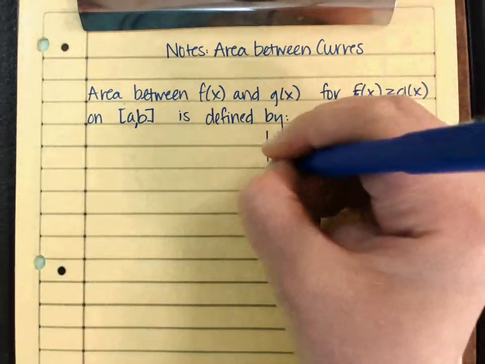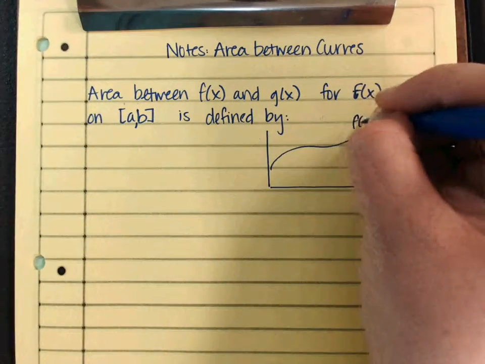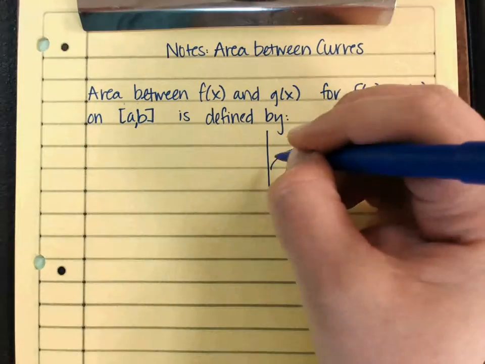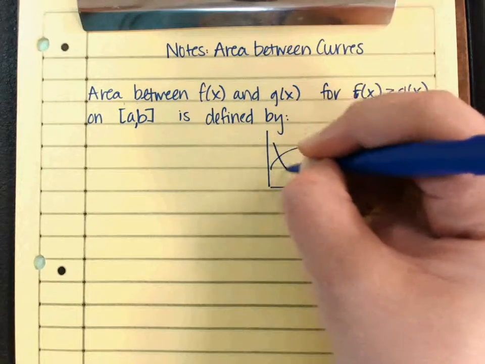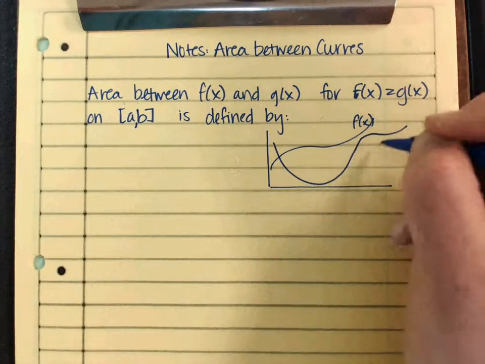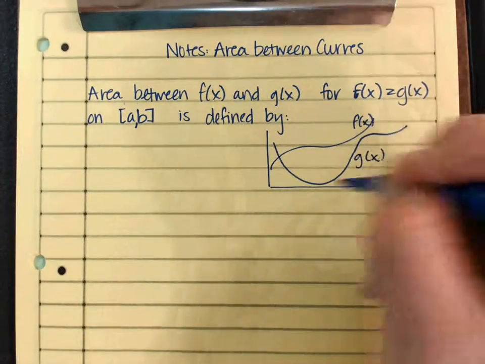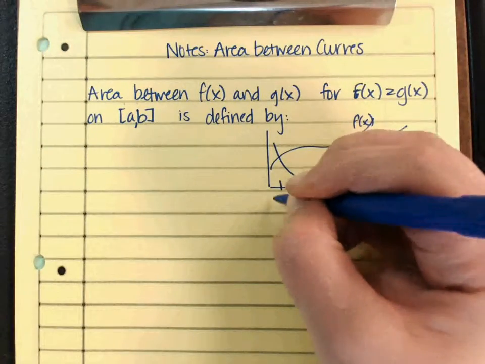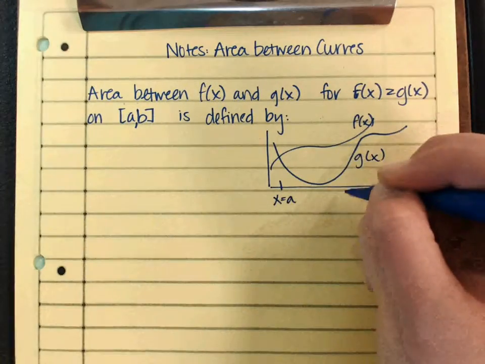So let's say that our f of x is here, and then our g of x we'll say is down here. And let's say that a is here, and b is here.